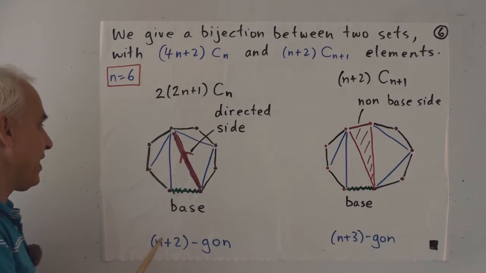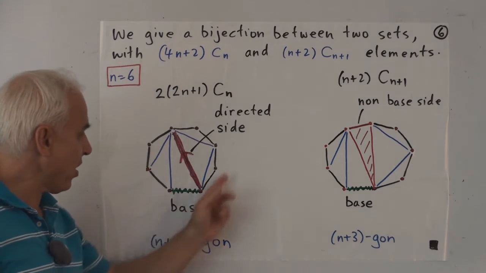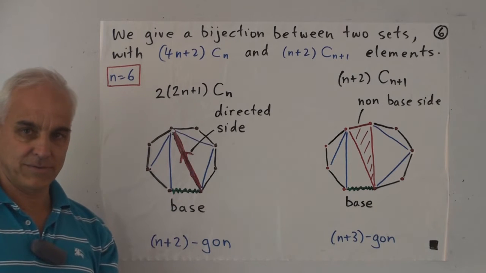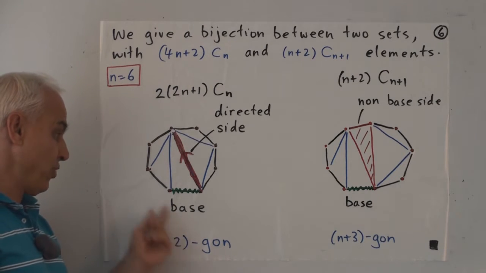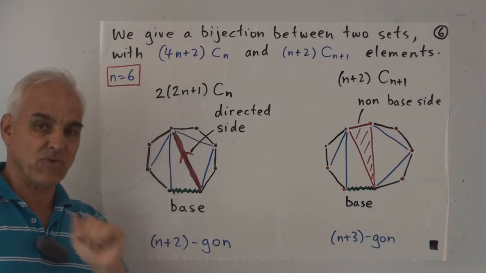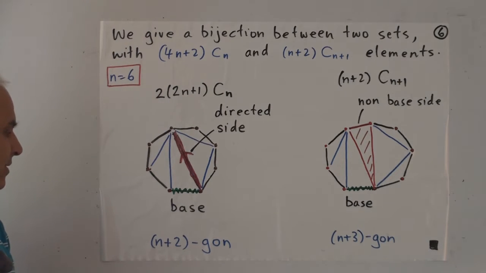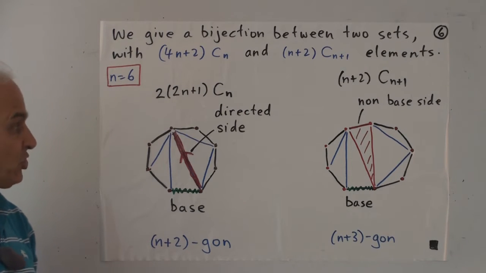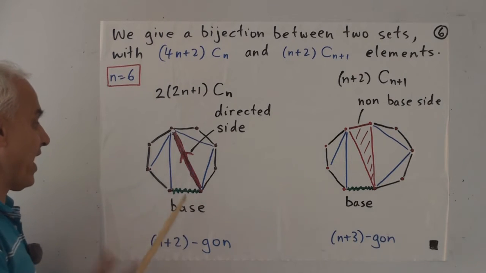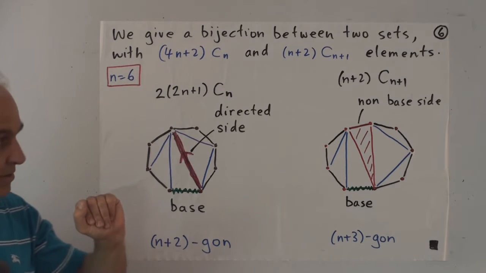There's always 3 less interior edges in a triangulation than there are edges around the outside. So there are n plus 2 edges around the outside, and then there will be n minus 1 edges in the triangulation. You might like to convince yourself of that. Altogether then, there are n plus 2 plus n minus 1, in other words 2n plus 1 different edges in the triangulation when we include the external edges and the internal edges.